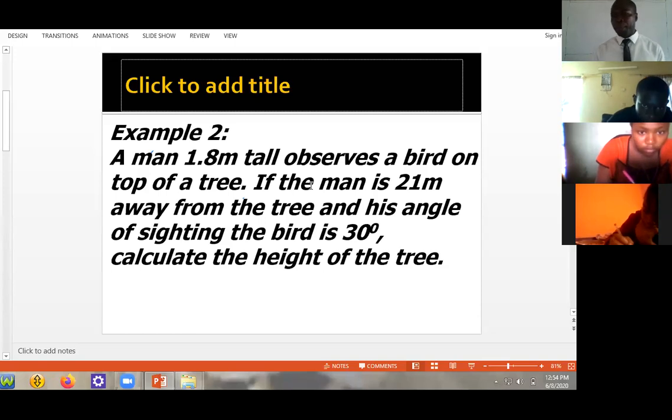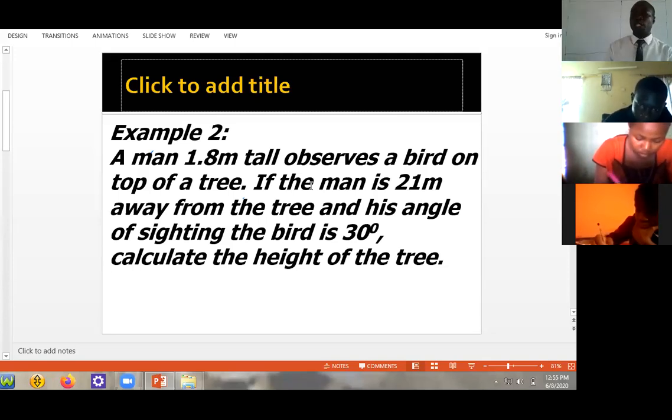I want you to bear it in mind that you are dealing with a right angle triangle, because the tree is a straight line. Now the man observed a bird at the top of a tree. Is it angle of elevation or angle of depression? Angle of elevation, correct.